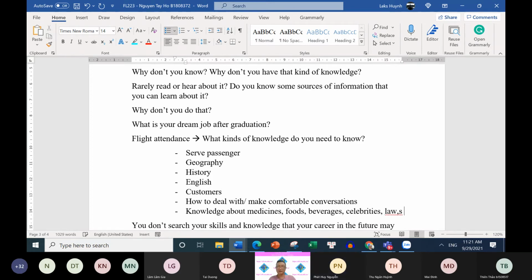You need to understand a lot of law. If you don't want to go to jail, you need to study law.